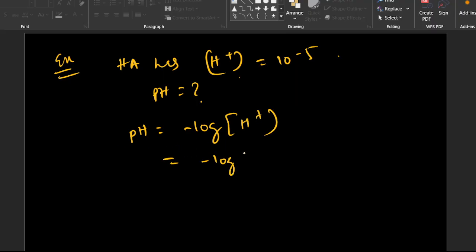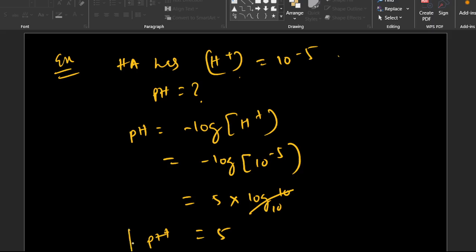So minus log of 10 raised to minus 5 is 5 into log 10, and log 10 is 1. So pH equal to 5.